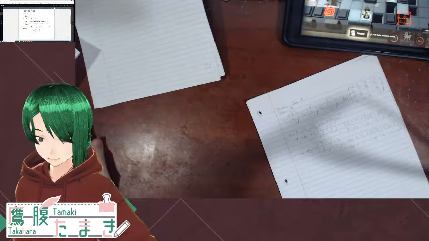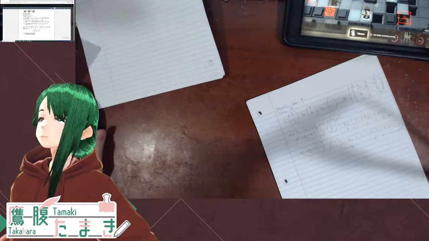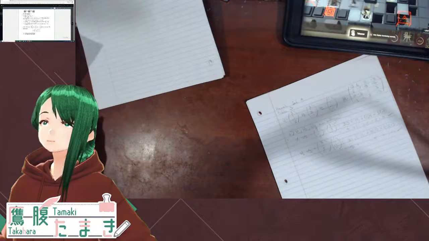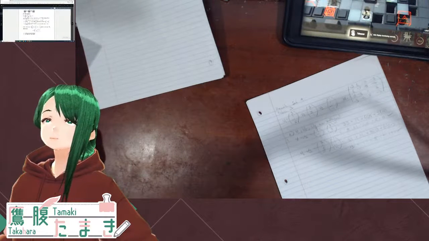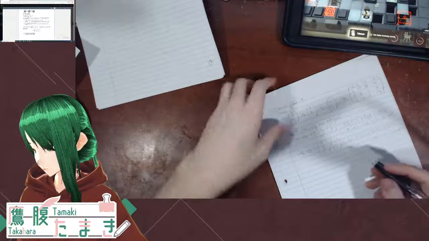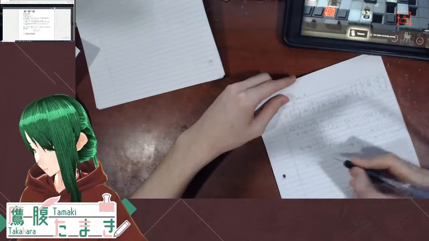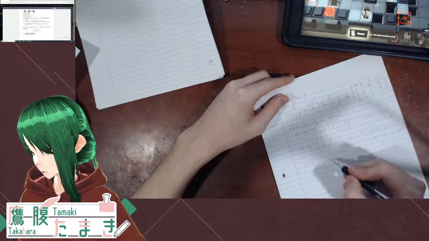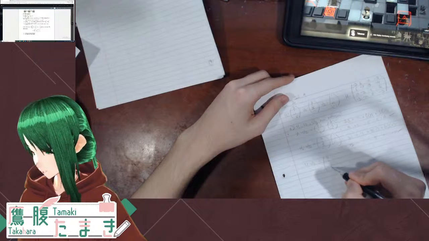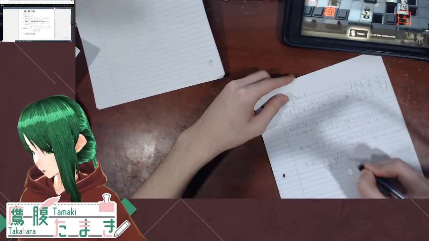Let's check something first. So we'll do v1 dot v3, which equals (3, 1, negative 1, 5) and (1, 1, negative 1, negative 1).